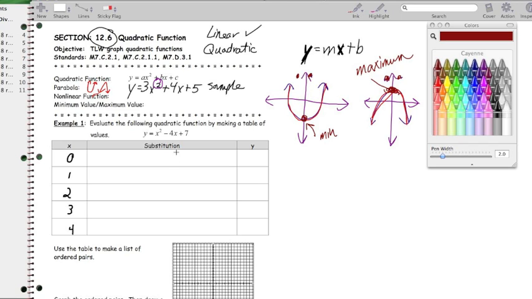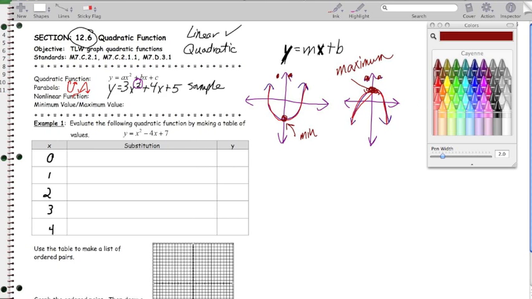Okay, so let's try a couple. We're going to go back. The first method, if you remember, that we used to graph linear functions was the t-chart method, and that's what we're going to use here. It says evaluate the following quadratic function by making a table of values. I will give you the values. This year particularly, I will give you whatever x values I want you to use when you're making your t-chart. Again, this lesson here is only for an introductory purpose.